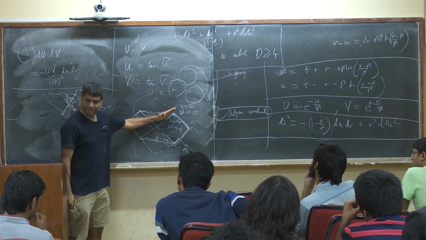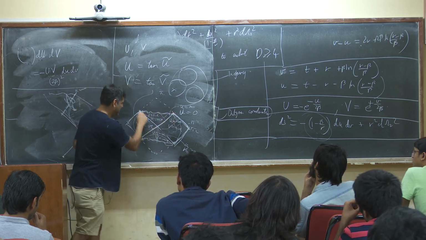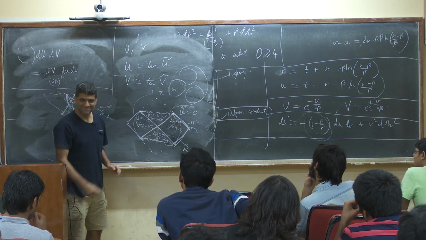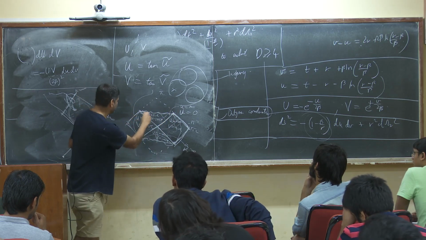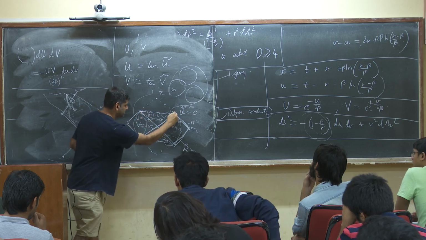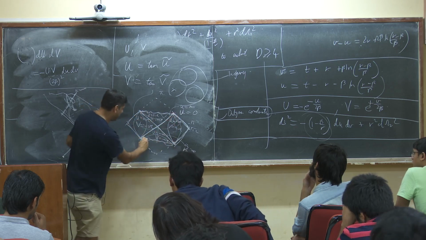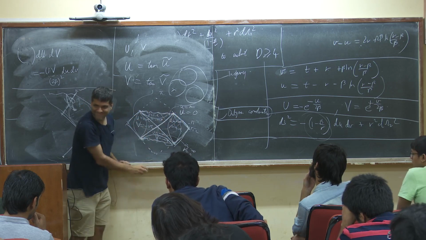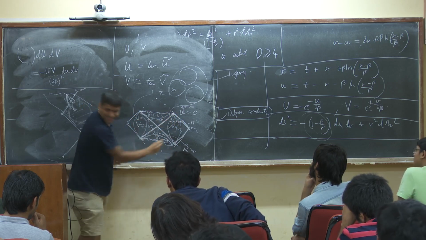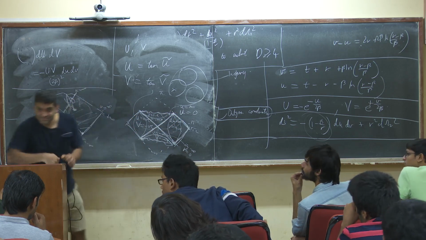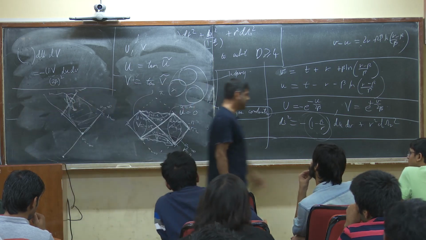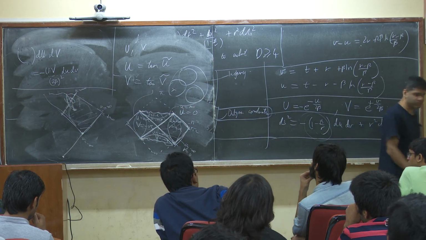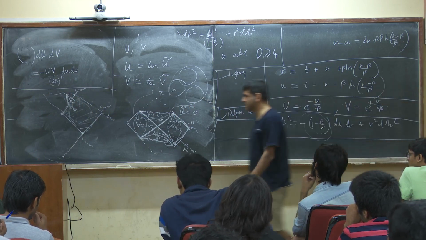So R is equal to beta is this. R is equal to half beta would be something like this. Two vertical lines. No real significance to the vertical lines.